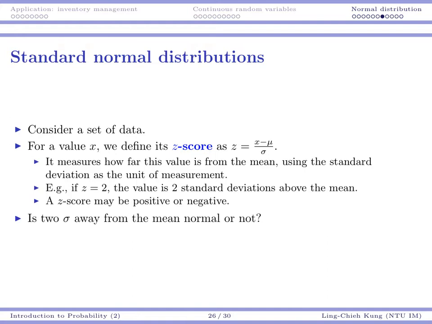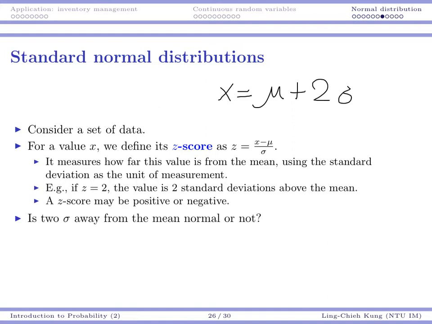So for example, if I randomly get x and the corresponding z-score is 2, that means the value is 2 standard deviations above the mean. Because I can do this calculation, and that means my value x equals mu plus 2 sigma.